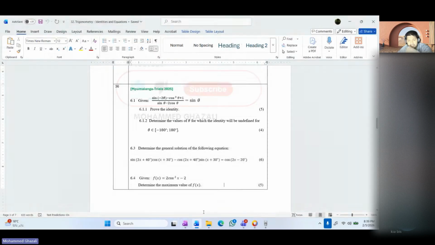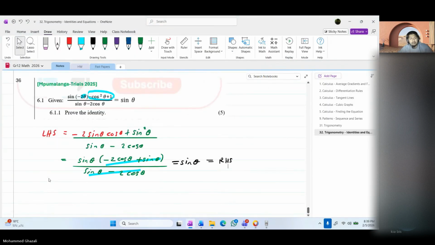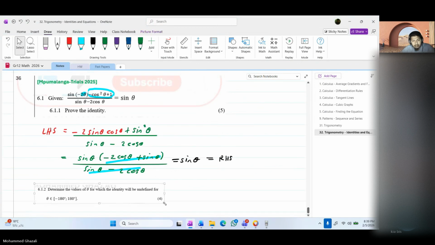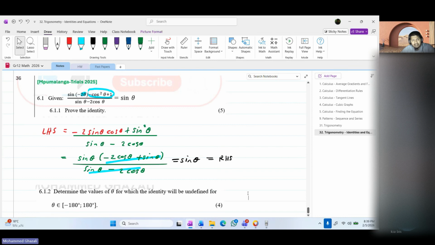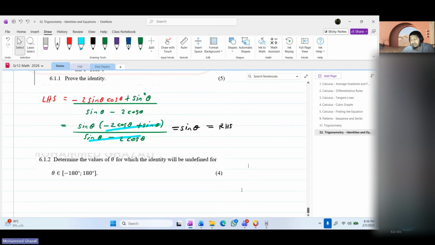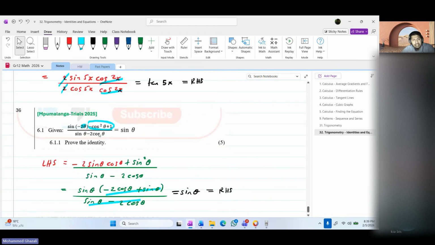Now, again, they're asking for undefined. Determine the values of theta for which the identity will be undefined. When will the identity be undefined? When the denominator only is equal to 0. Sine theta minus 2 cosine theta is equal to 0.